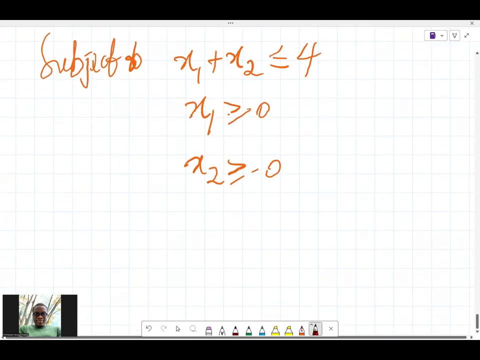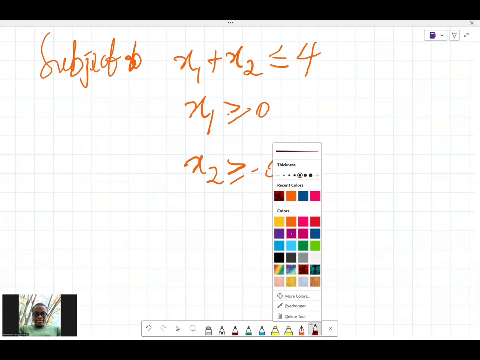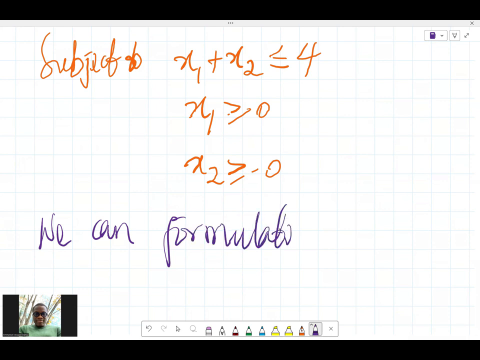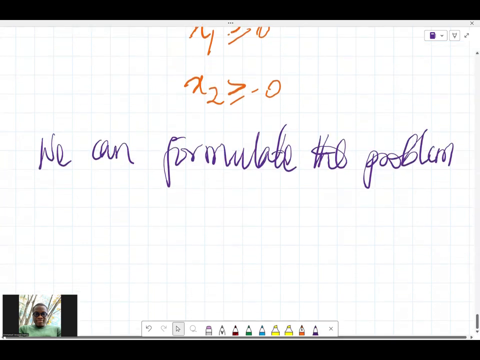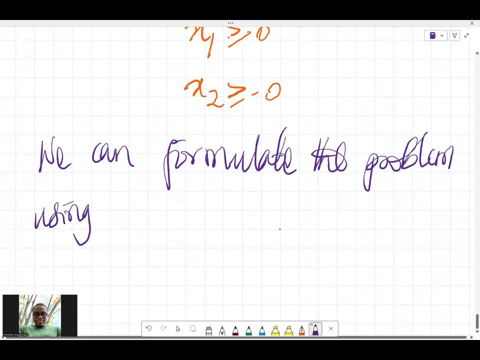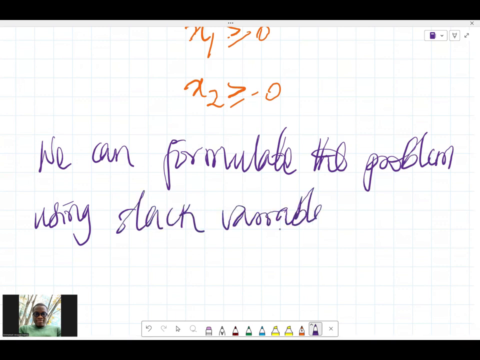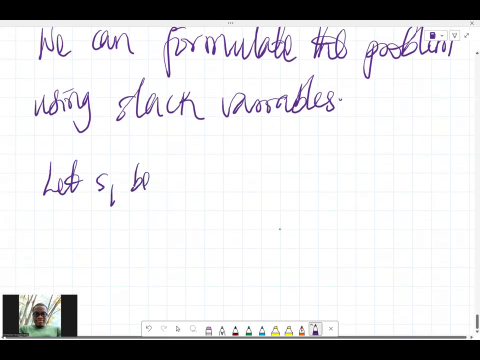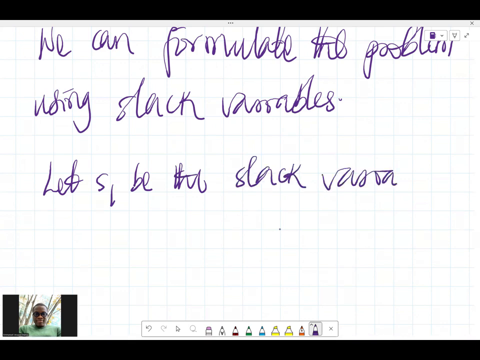Okay, so to take care of that, we can formulate the problem using slack variables. So here we say let S1 be the slack variable for the first constraint.